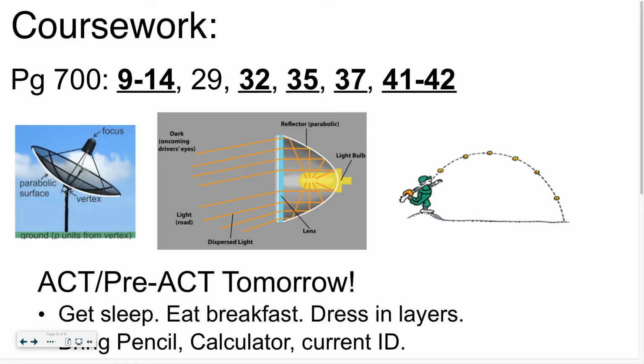Just a couple of quick things. You use parabolas every day. Satellite dishes are parabolic. The waves come in and reflect off the parabolic structure to the focus. That's where you get all your network, radio, whatever is happening there. Every morning when you're driving to school, you have your headlights on, parabolic.